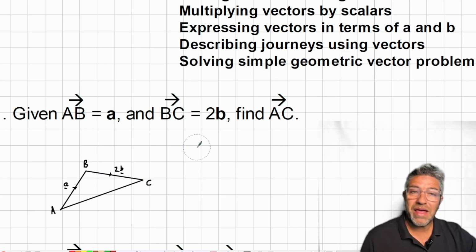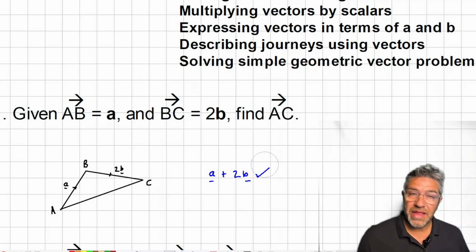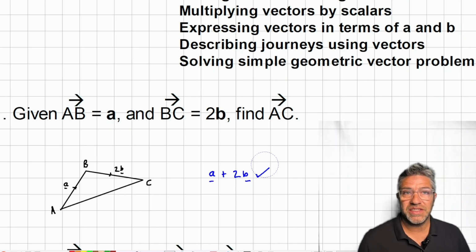To go along path AB, that is vector a, and then to go from B to C, we go along this path here. So we also, in other words, add the vector 2b.